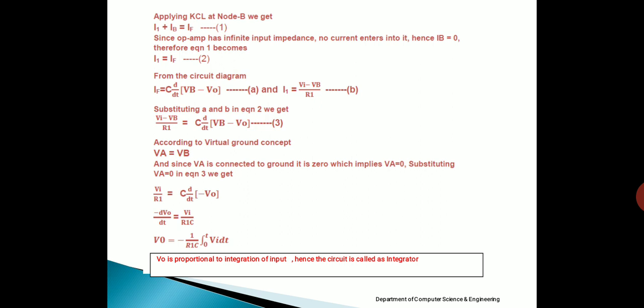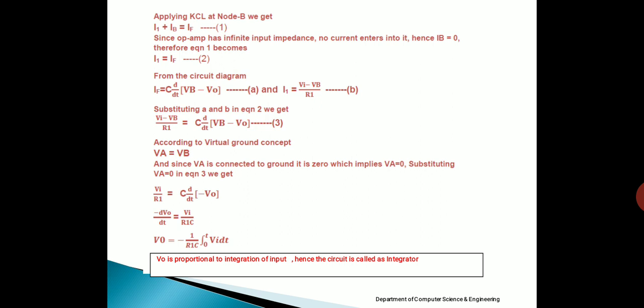Hence, substituting VB equal to 0 in equation 3, we get Vi by R1 equal to C into d by dt of minus V0. Rearranging the terms, you get minus d by dt of V0 is equal to Vi divided by R1C, or V0 equal to minus 1 by R1C times the integration from 0 to t of Vi dt.